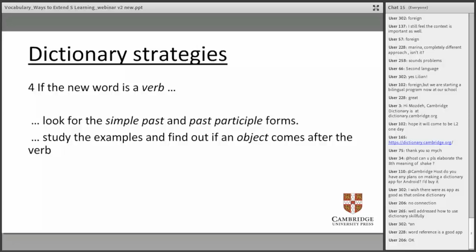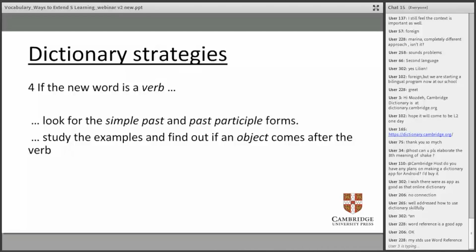If the new word is a verb, and this was a specific strategy for verbs, make sure that you check the simple past and the past participle forms. Is it regular or is it irregular? If it's irregular, they should note that down in their vocabulary notebook. They should also study the examples and find out if an object comes after the verb.